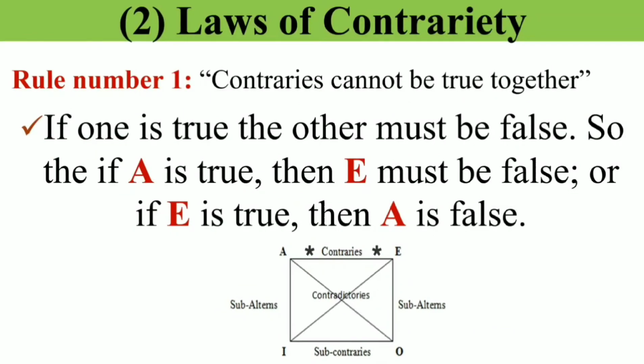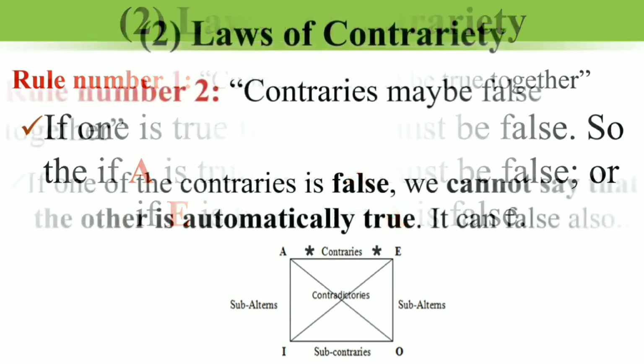If one is true, the other must be false. So if A is true, then E must be false. Or if E is true, then A is false. Meaning, true, false, true, false.